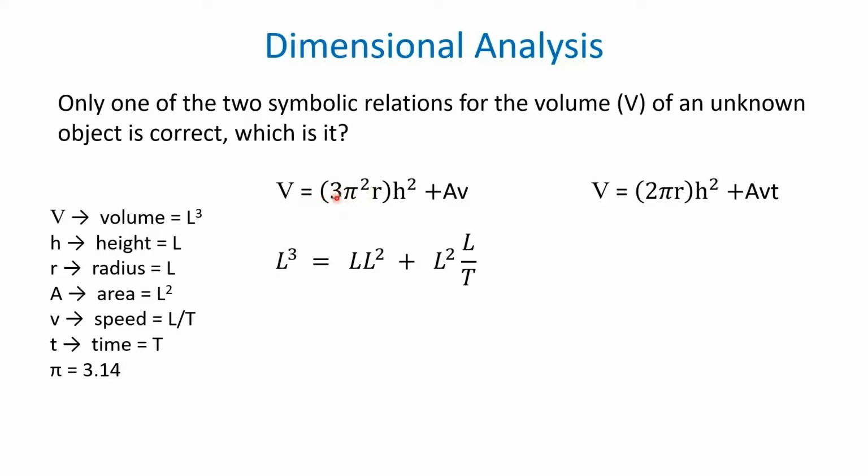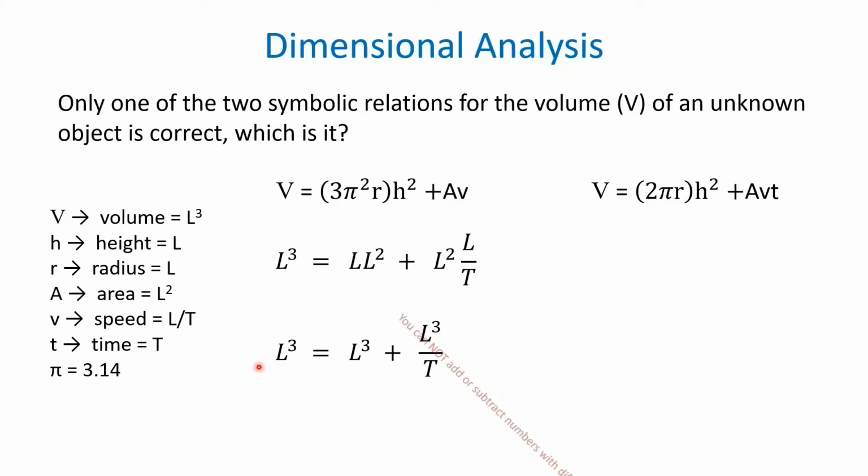There's no dimension here. Pi, technically, if degrees or radians, I should point out, degrees or radians is technically not a dimension that we track. Okay, after some simplification, I end up with L cubed is equal to L cubed plus L cubed over T. Hopefully your intuition tells you that this result is absolutely not correct.